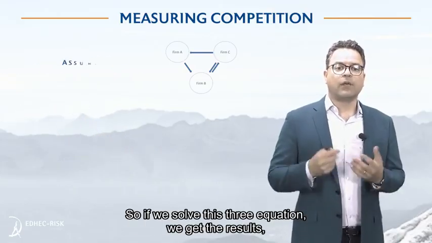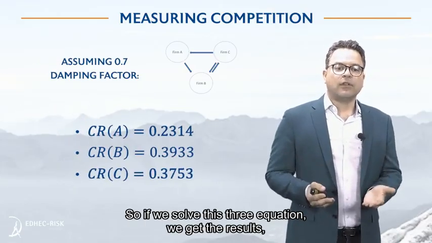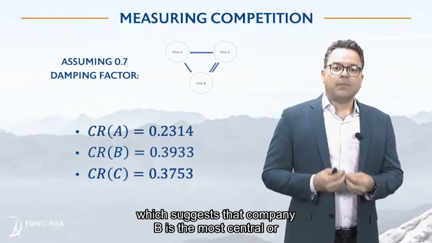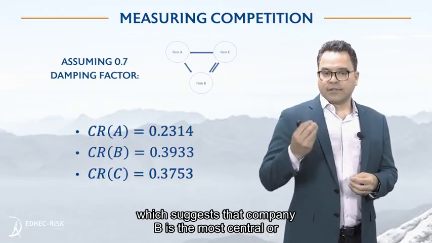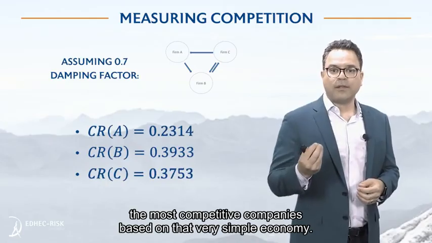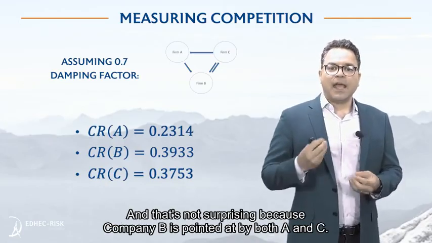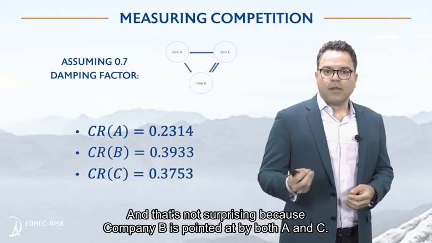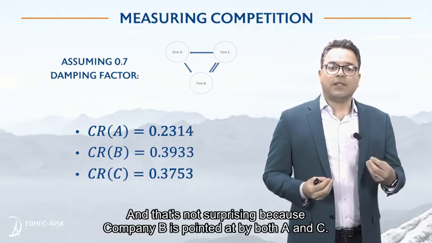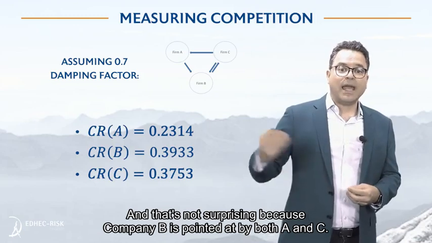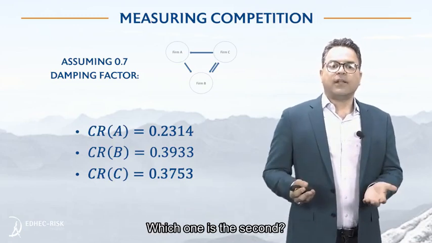So if we solve these three equations, we get the results, which suggest that company B is the most central or the most competitive company based on that very simple economy. And that's not surprising, because company B is pointed at by both A and C. Which one is the second?